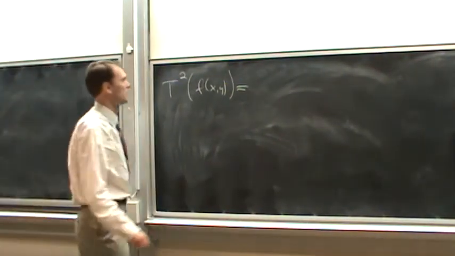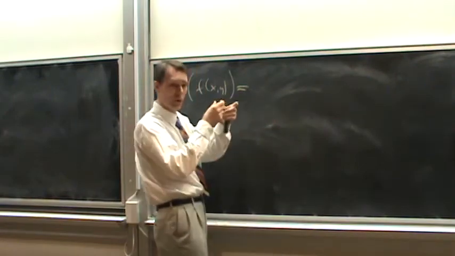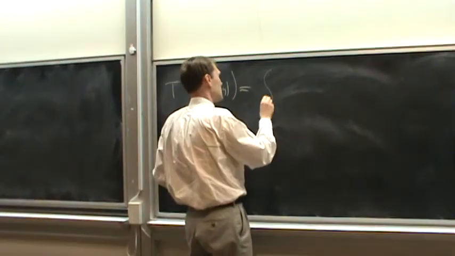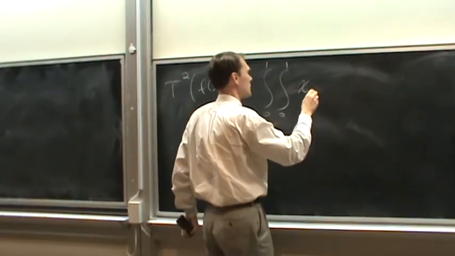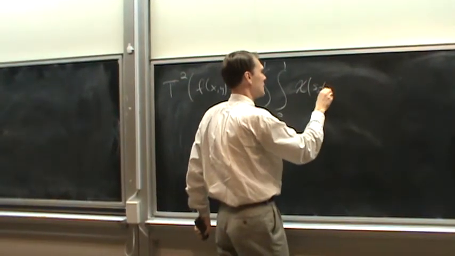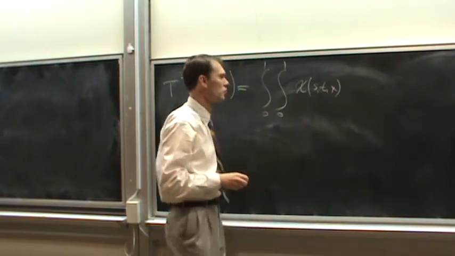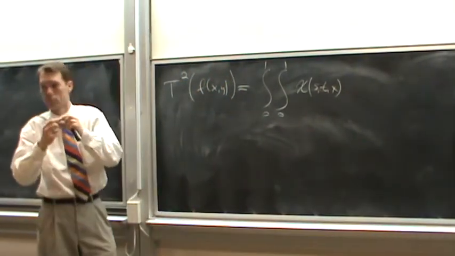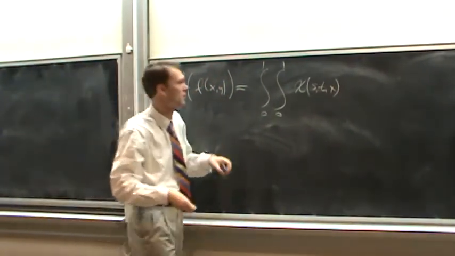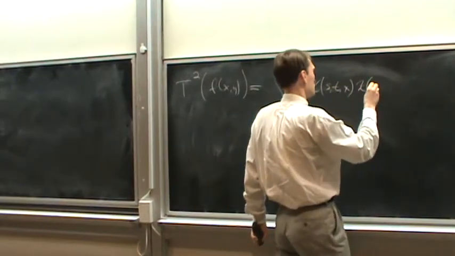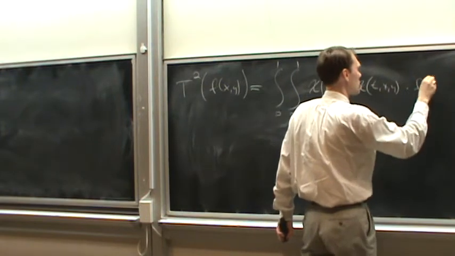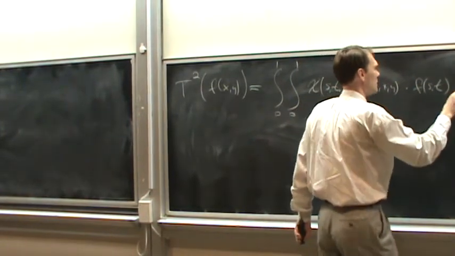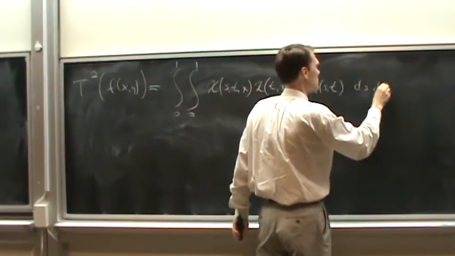Well, I can apply the shift operator twice. So I get two integrals. Chi of s, t, x, saying I should avoid any double ascents with these. No double ascents on t, x, y times the function f of t ds dt.